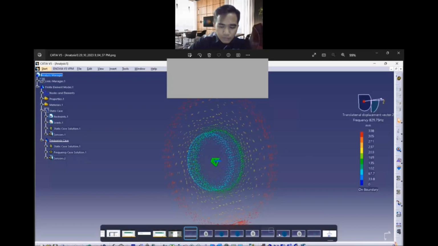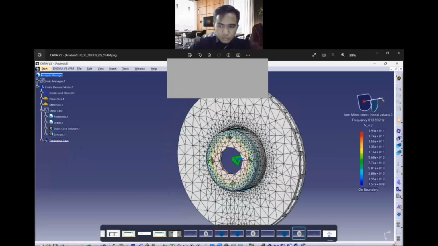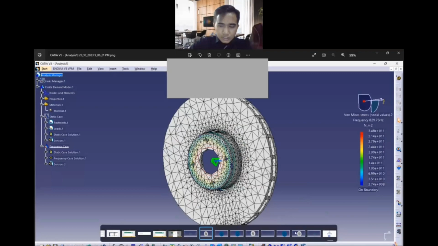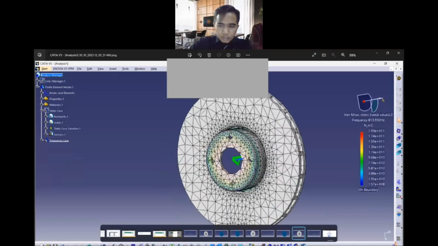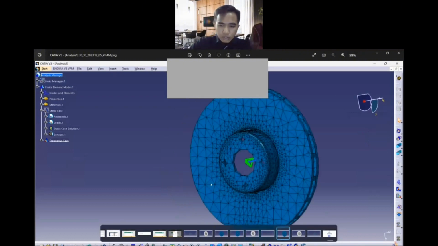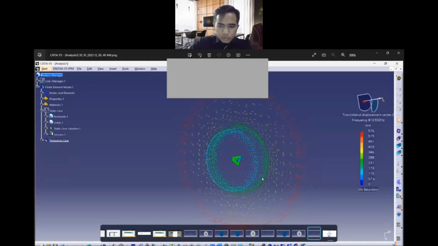Sorry, this one is for the steel, and this one is for the aluminium material. This is the result for aluminium. This one is for displacement, and this one is the translational. From the translational displacement, we can see the result when we run the simulation. So I think that's all from me. Thank you.